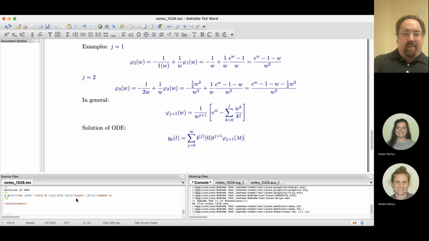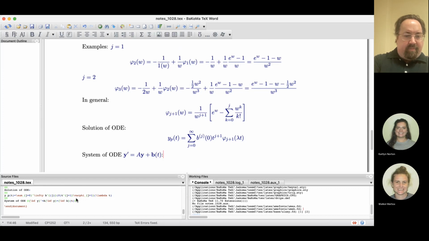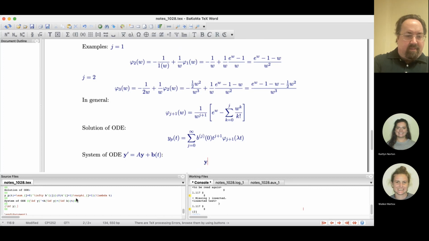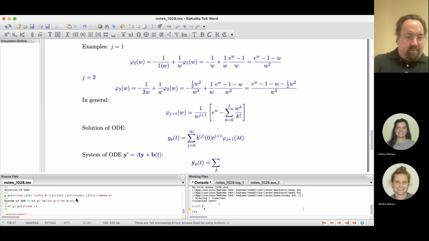So now, if I could apply the same idea to the system of ODEs, like y prime is equal to A y plus some vector valued function, the source term b of t, where the particular solution in that case will have the same form.